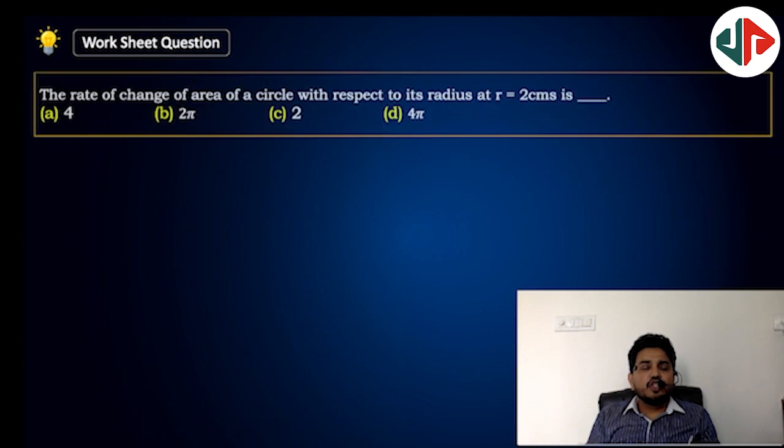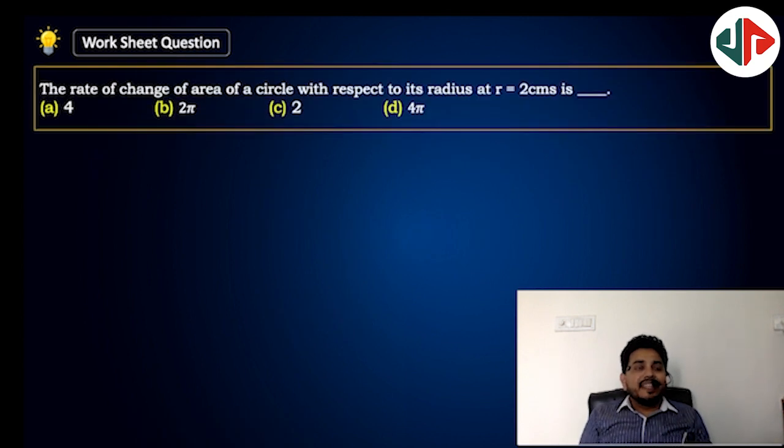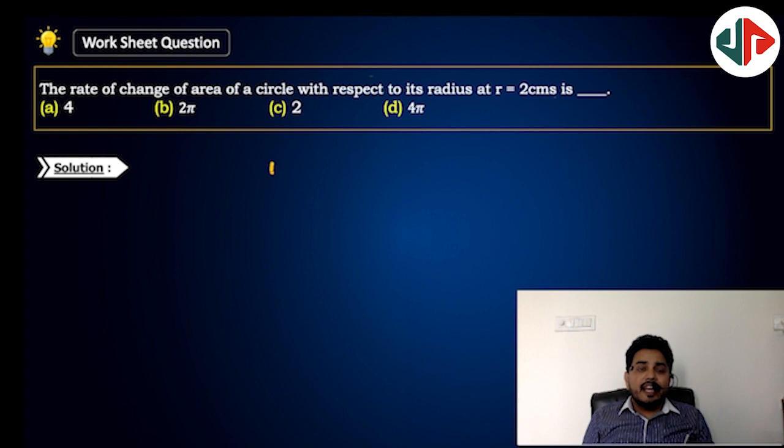The next question is the rate at which the area of circle changes with respect to its radius. Okay, so area of circle is equal to pi r square. dA by dt is equal to 2 pi r dr by dt.